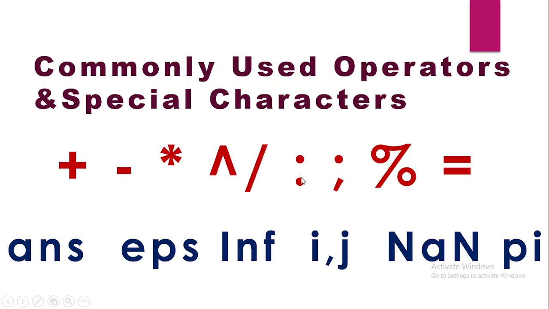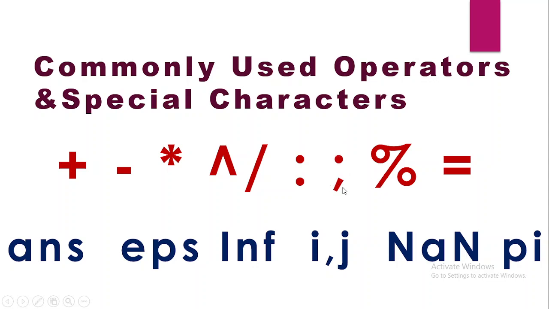Then this is the colon. Have you seen that? This is the colon. We use it to generate some regularly spaced elements and represent an entire row or column. As we proceed, you see the usage of all these symbols.